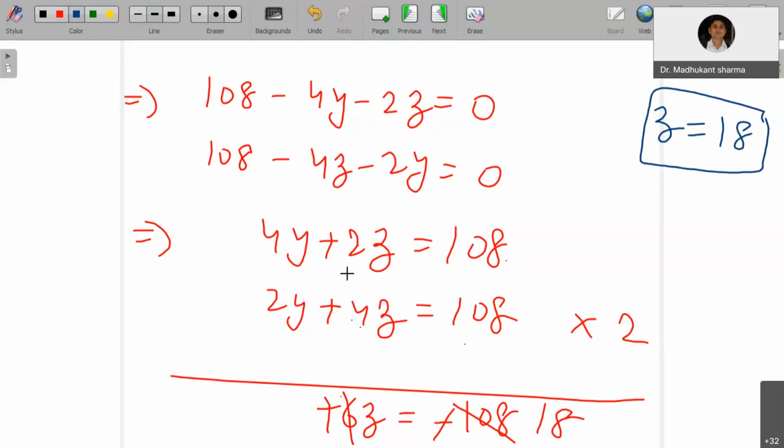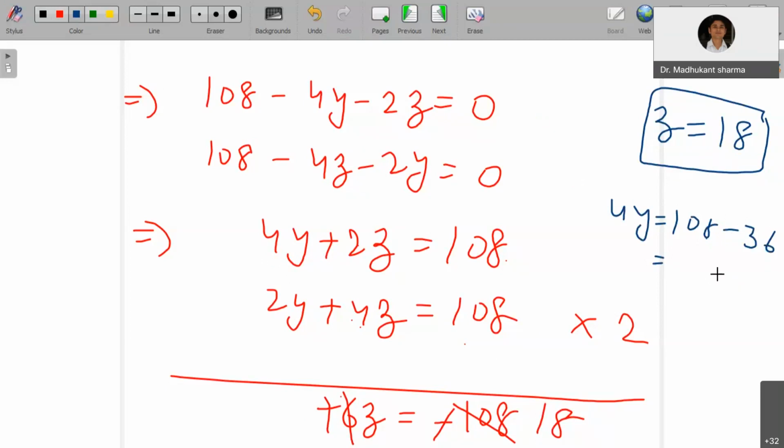And what is y from here? Any equation you can take now, because these are symmetric, I think. So 4y is equal to 108 minus 2z, so that is 36.